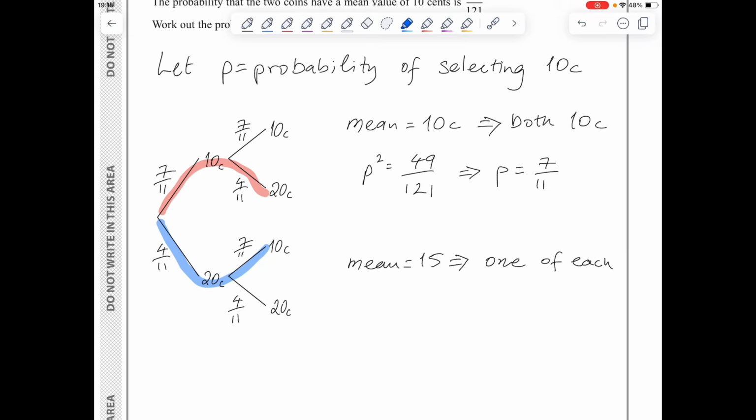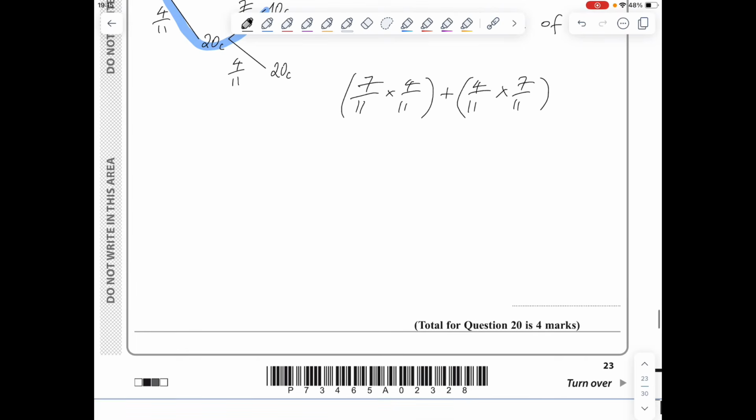So if I do the multiplications and the addition, I'm going to get the following: 7 over 11 times 4 over 11 plus the reverse, 4 over 11 times 7 over 11. Put this on the calculator and the answer will come out to be 56 over 121.